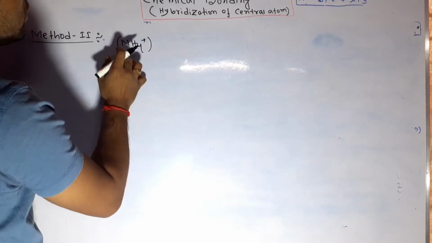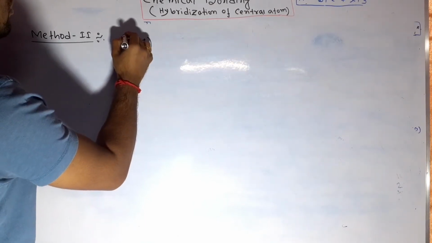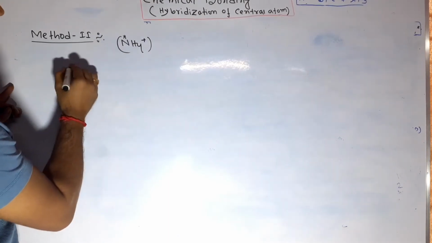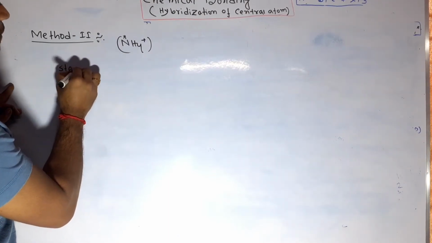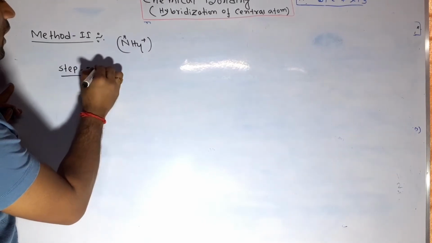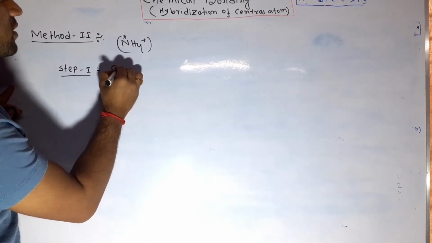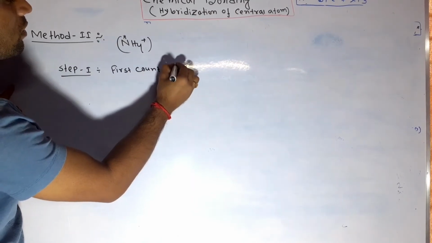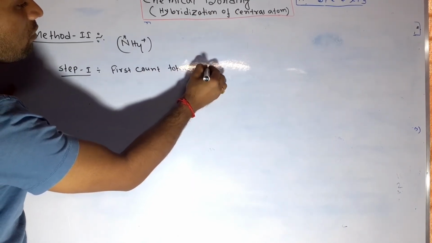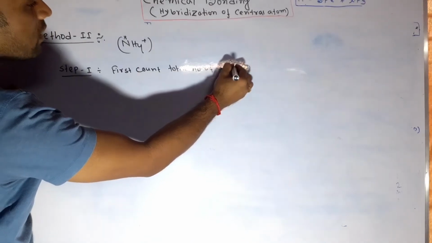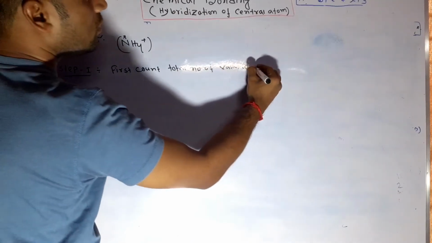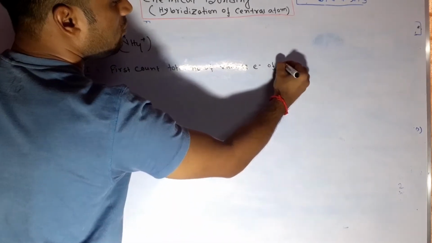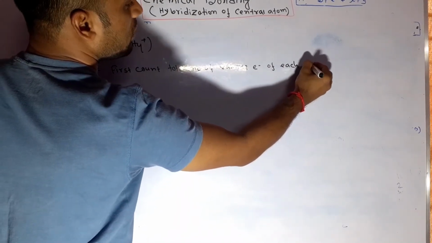What is the hybridization number of the central atom? Step 1: first count the total number of valence electrons of each atom in the compound.